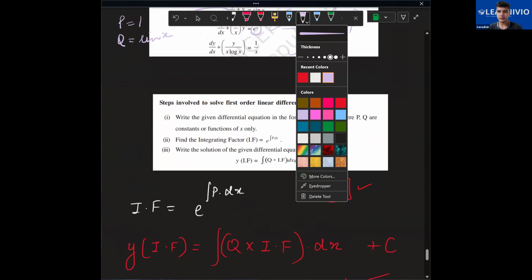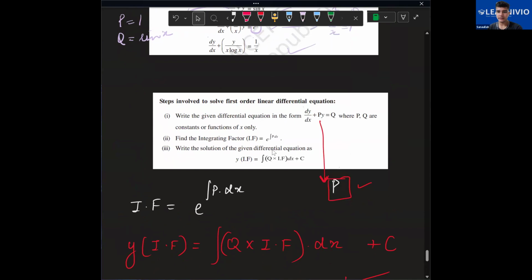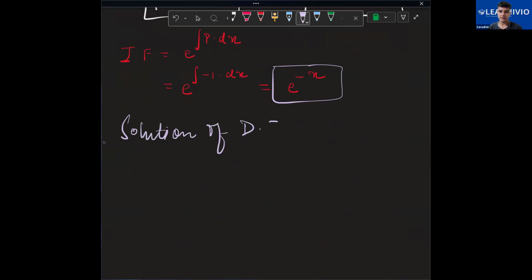Now you have to follow the third step, that is, write the solution of the given differential equation as y into integrating factor. What is the value of integrating factor?